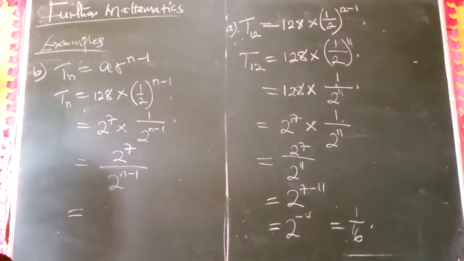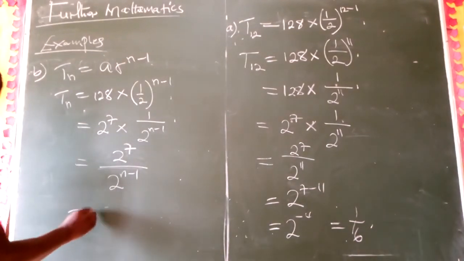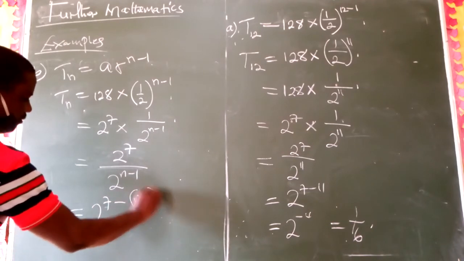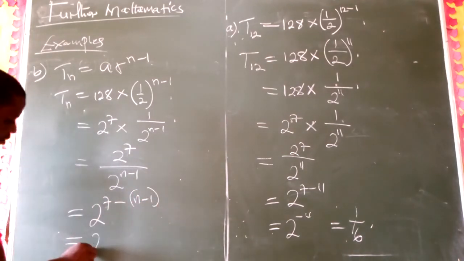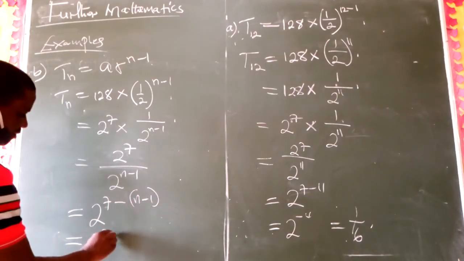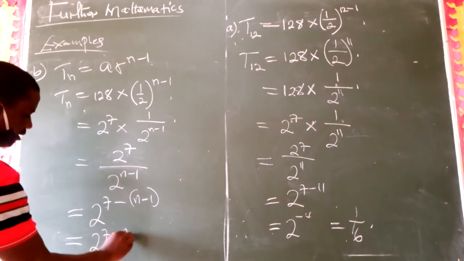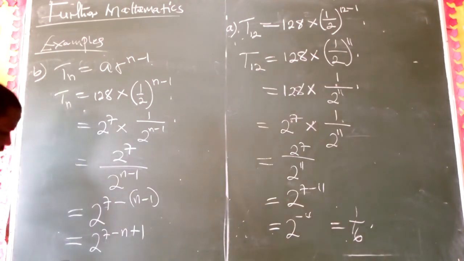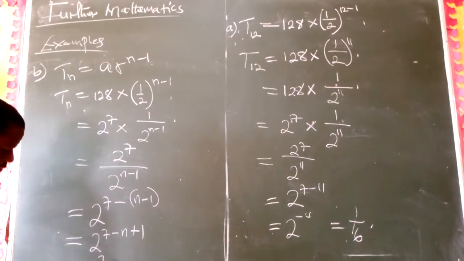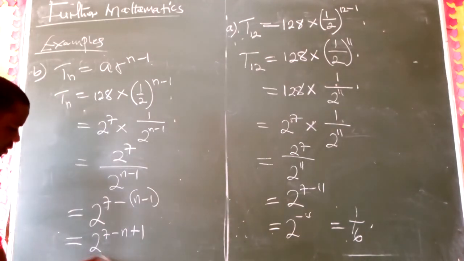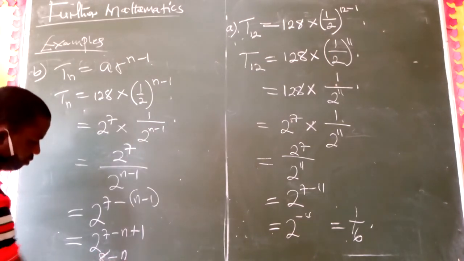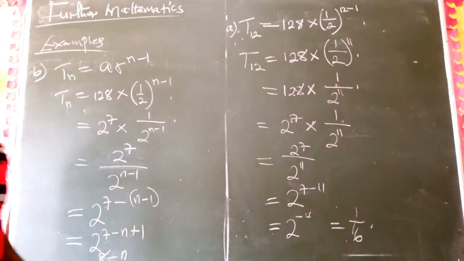This can be further simplified to give me 2 raised to power 7 minus n minus 1. So I will have 2 raised to power 7 minus n plus 1, right? So I'm going to have 2 raised to power 8 minus n. This is the formula for the nth term of this GP.